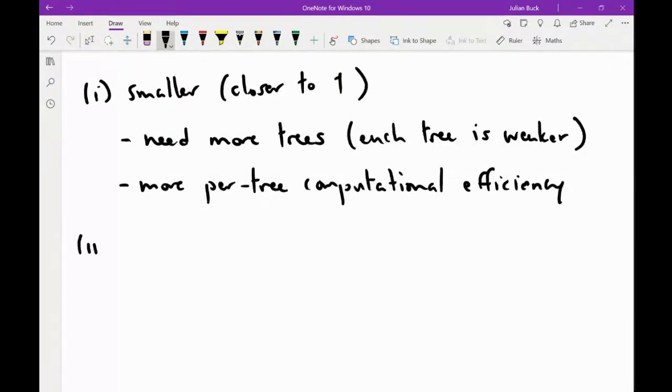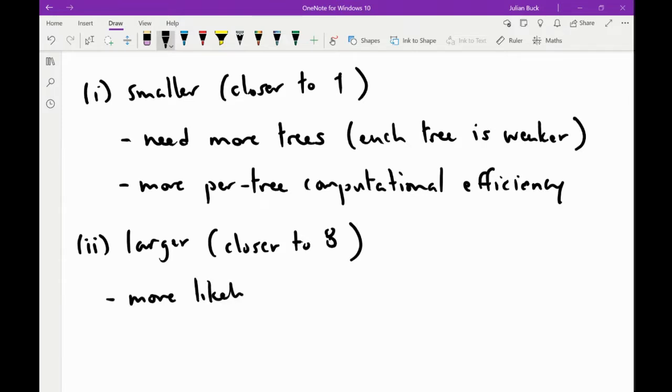If you go on the larger end of a shallow tree, or closer to, say, 8 splits, well, now you're more likely to overfit because the tree is getting into the deeper end of what you might use in this algorithm. But on the other hand, you can capture more subtle interactions between the features, right?